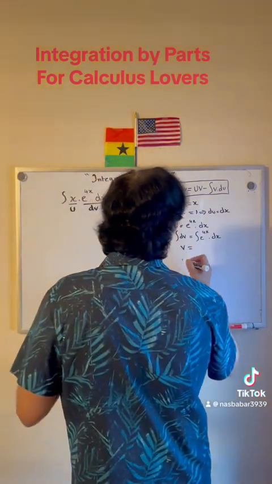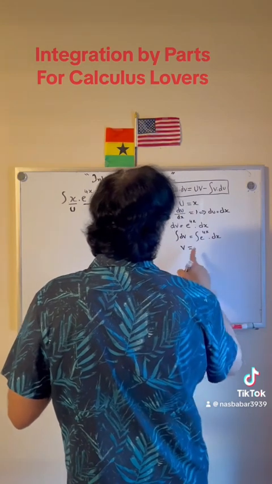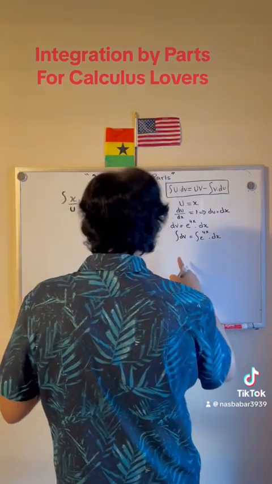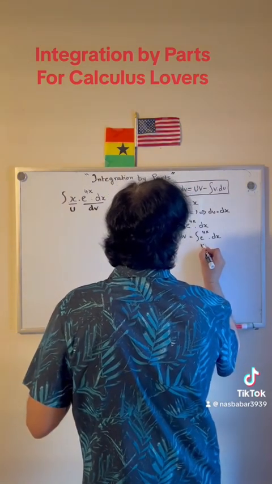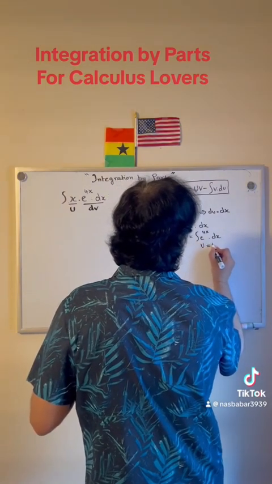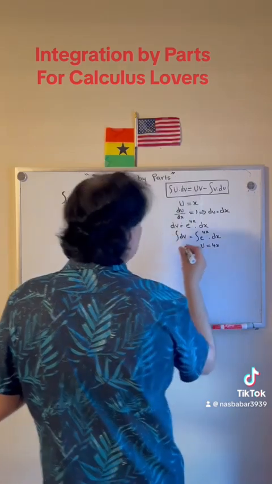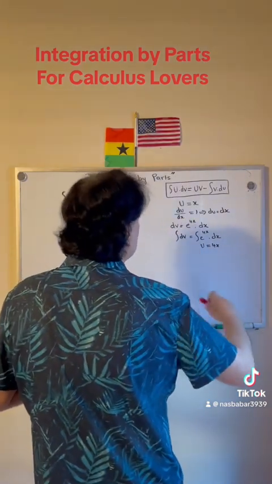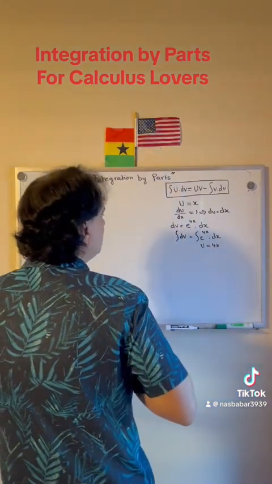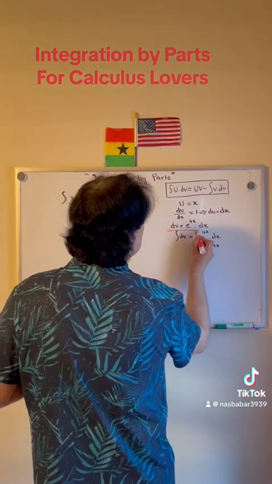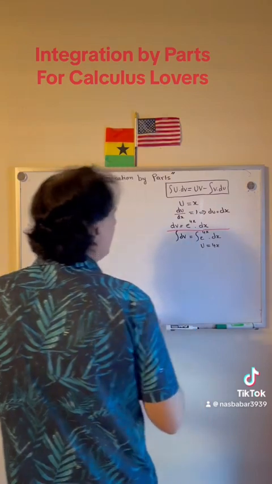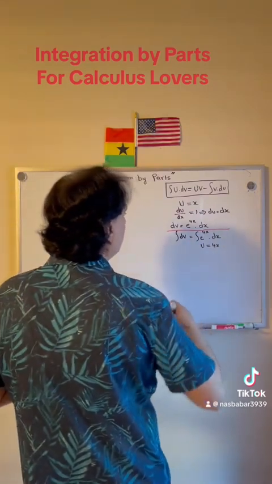Before we solve this further, let's say u is equal to 4x. I'm talking about solving just this part right here. So I say u is equal to 4x.